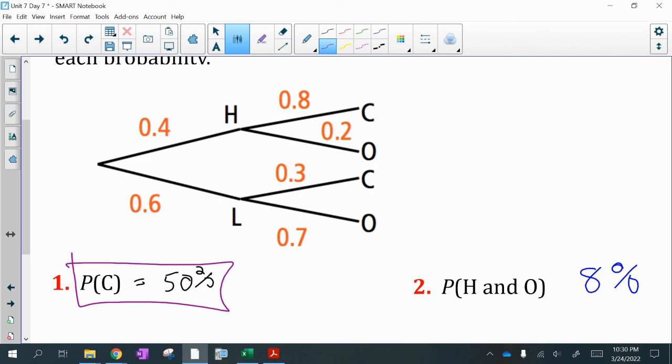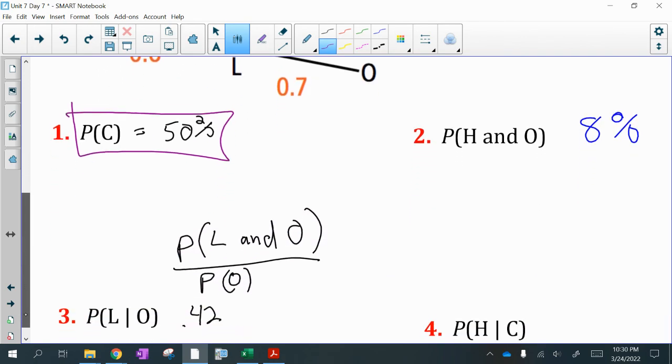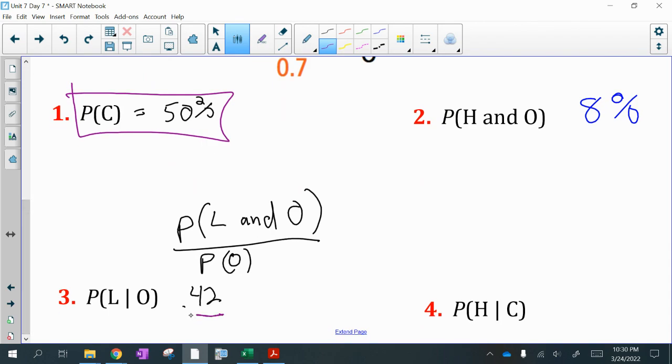Well, if the probability of being closed is 50%, that means my probability of remaining open is also 50%. So I can just say that's going to be like that. And so what I end up doing is I take this, pop it in my calculator, and I end up getting 84% chance. Okay.